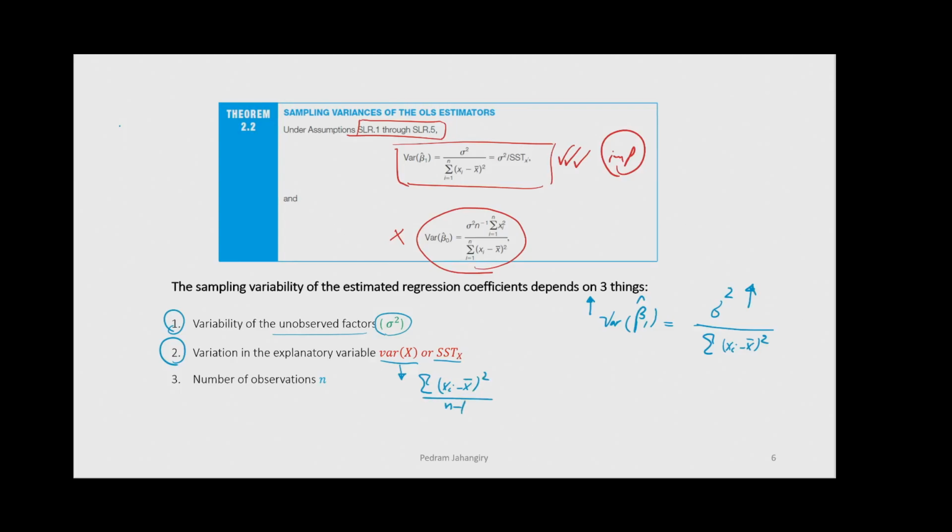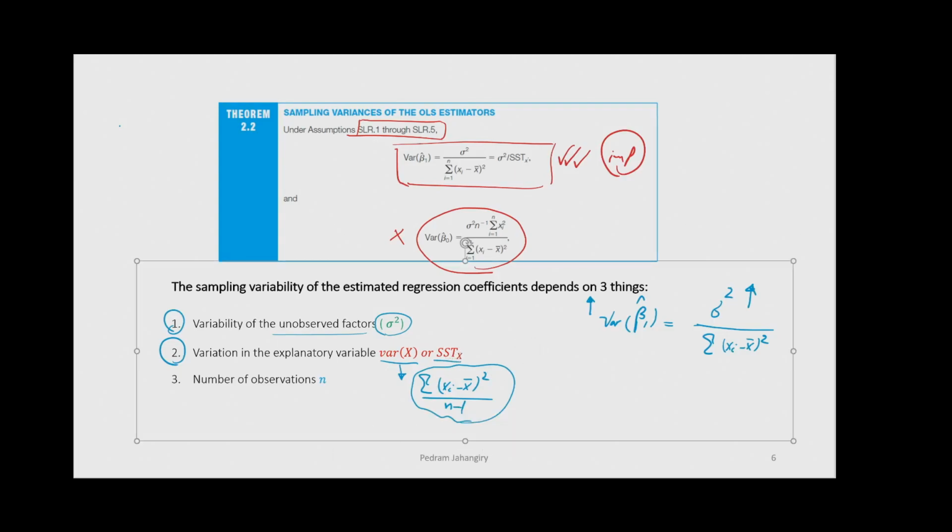But here in the equation, we don't have n minus 1. We have simply the numerator. That's why we call it SST in the denominator.